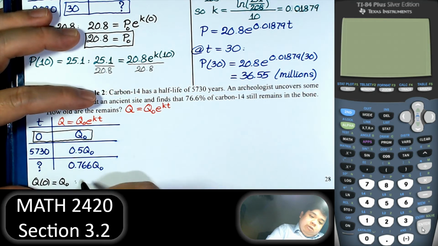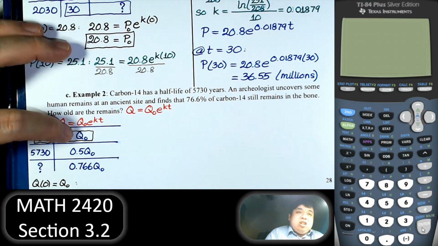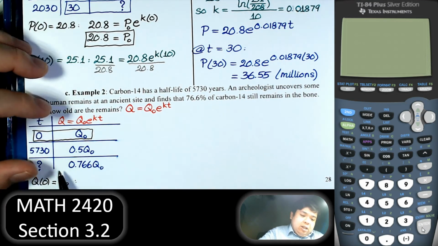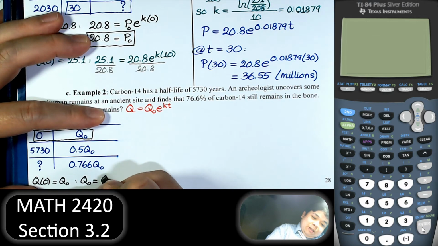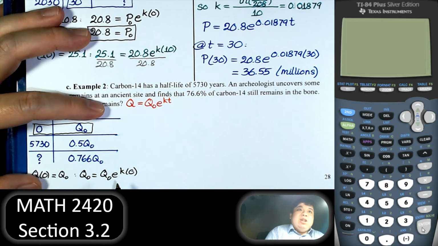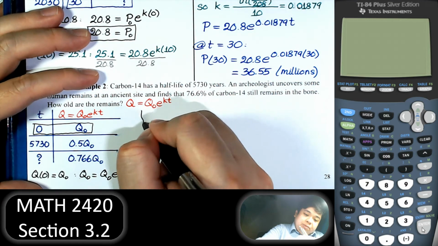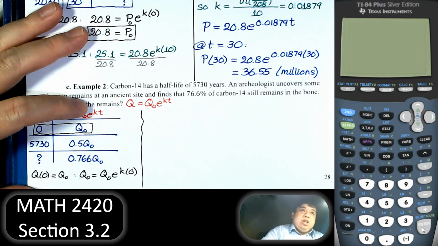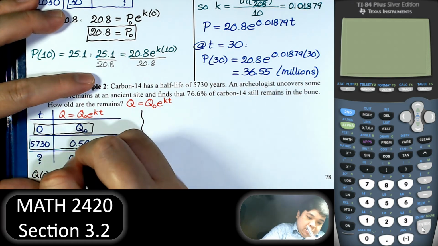The initial amount is still Q naught. e to the 0 power is 1, so the initial is Q naught. Not much we can do there.